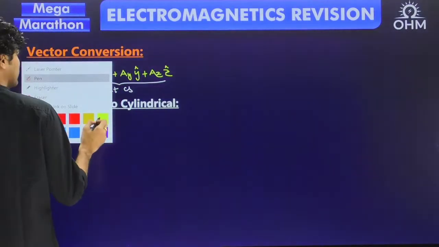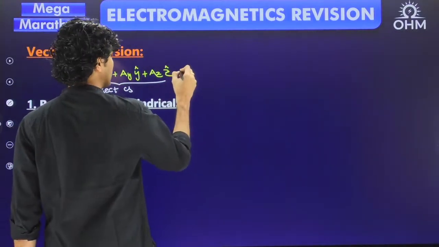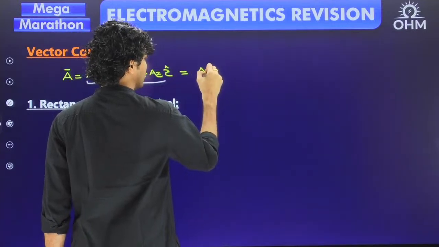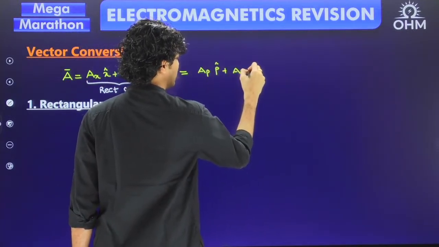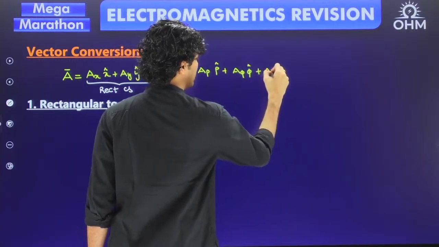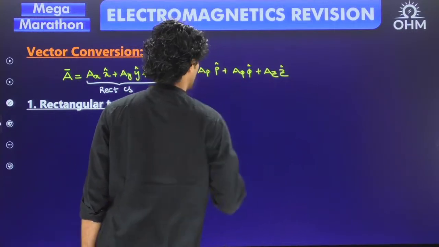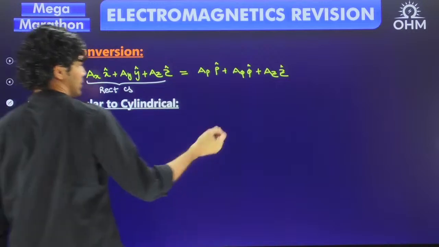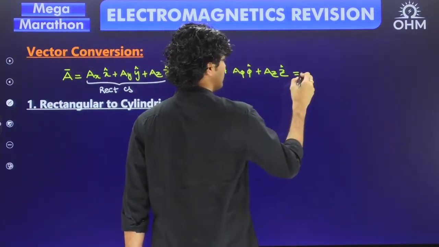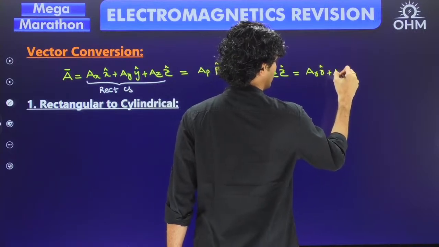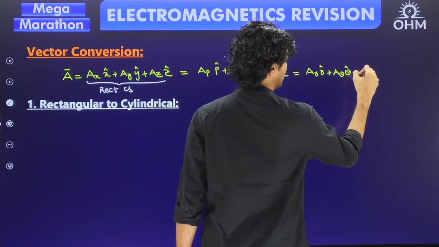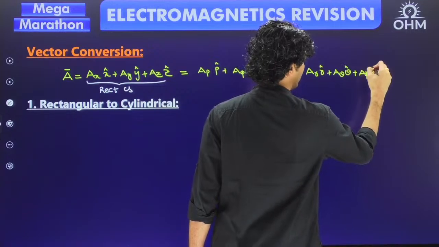Next, can we express the same thing in cylindrical also? Yes. In that case, we have a rho times rho cap, a phi times phi cap, plus az times z cap. And can we express it also in the spherical coordinate system? Yes, which is ar times r cap, a theta times theta cap, plus a phi times phi cap.